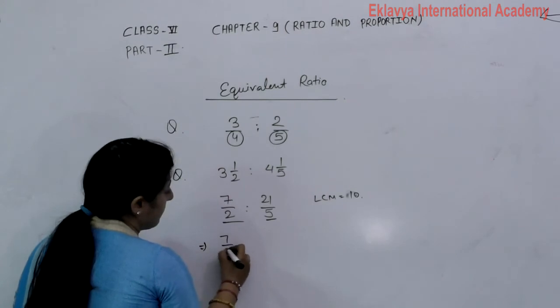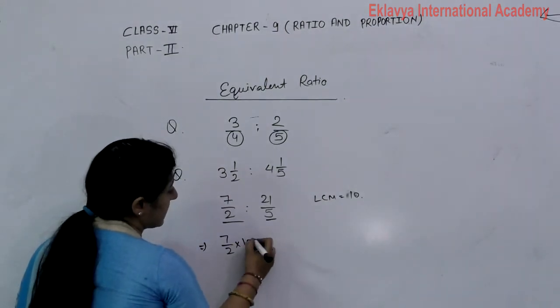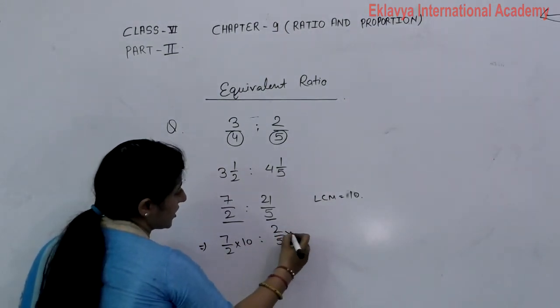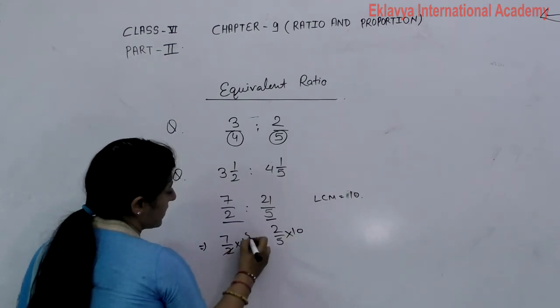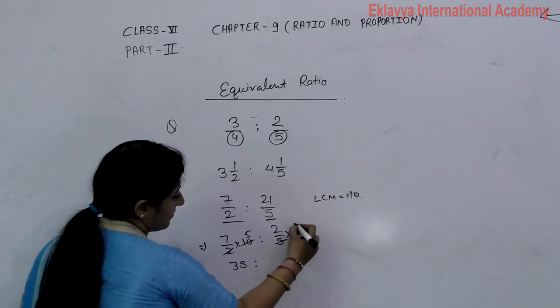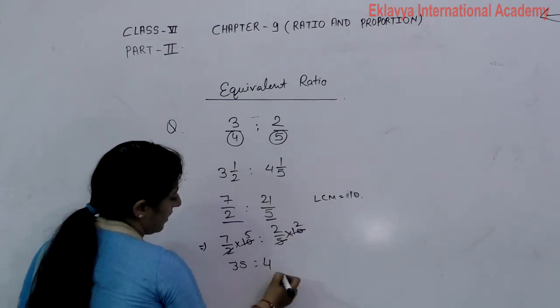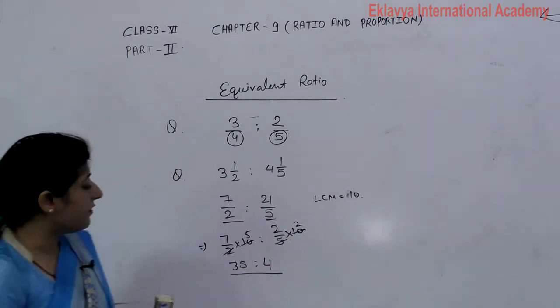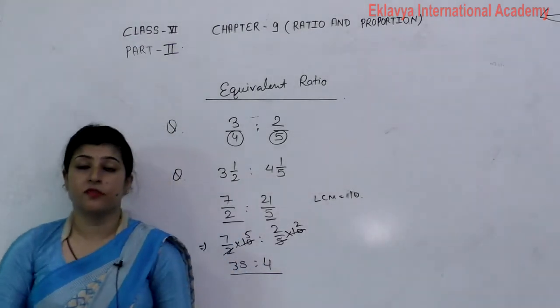Now multiply this LCM to both fractions: 5 7s are 35, 2 2s are 4, so the ratio is 35:4.